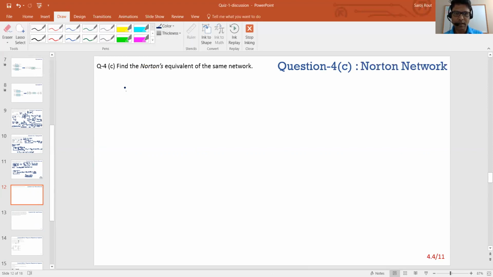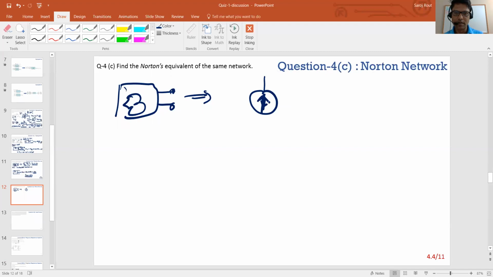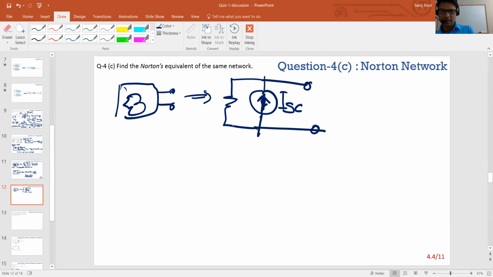Okay, so same thing here. If you have some linear network here, and you're trying to find the Norton equivalent of these two ports, it's a current source. Let me keep this direction, which we call the short circuit current source, and then there's also an impedance across it, right? These two nodes represent exactly the network.